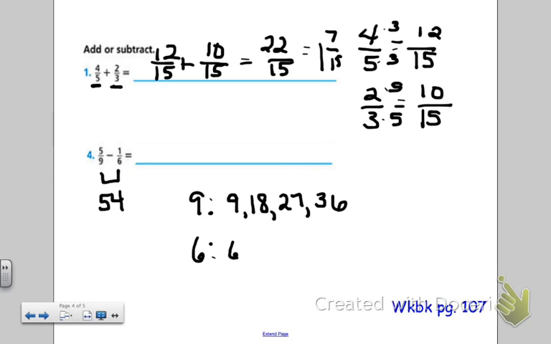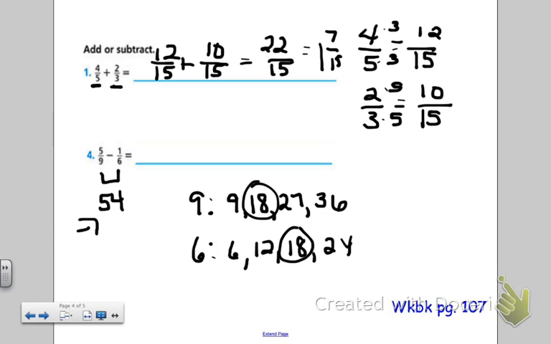For 6 I have, well, 6, 12, 18, 24. It looks like 18 could be used as my common denominator. In this case, it's actually the least common denominator. So I'm thinking I'd rather use the least common denominator rather than 54.